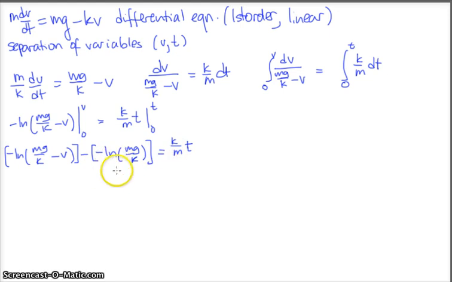So now the rest is just math. After this point is where all of it is math. This is where the physics is done. Now we have to do the math.